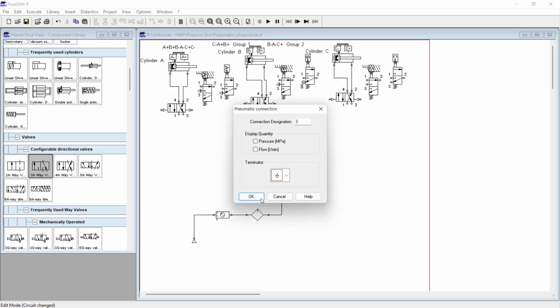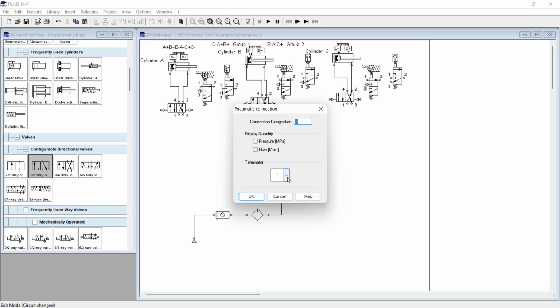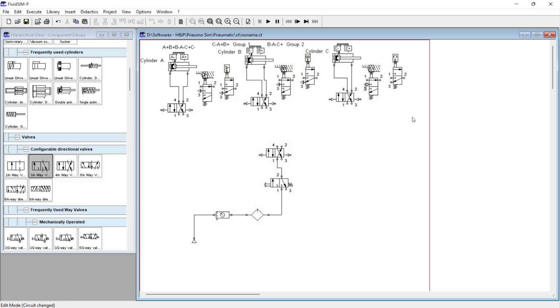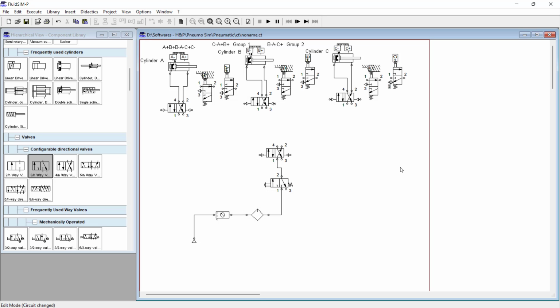For a valve having an external vent, there is a projection on the valve that should be called an external vent. If the valve has an internal vent, meaning it doesn't have any external projection, the symbol should look like this. So we choose external vent.